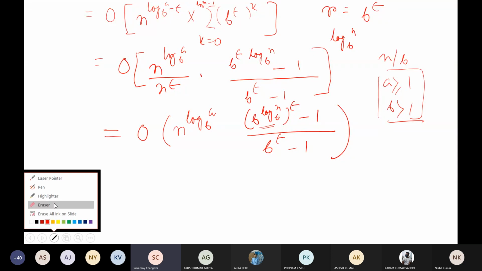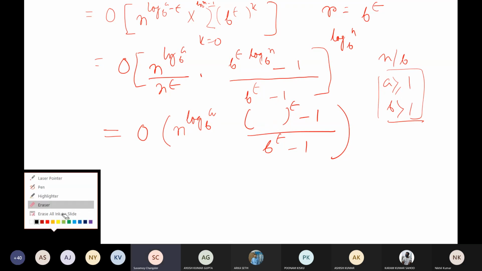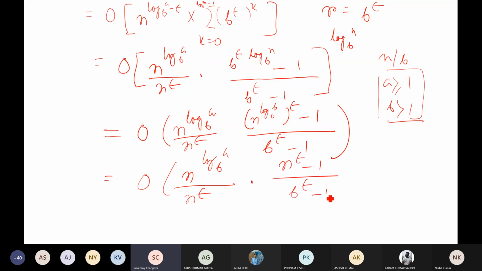So we are replacing this term as n to the power log b base b, same as this, by the property of logarithm. Now this is equal to 1, so we will get n to the power epsilon. So in the next term, what can we write? We can write this equal to n to the power log a base b by n to the power minus epsilon is equal to n to the power epsilon minus 1 by b to the power epsilon minus 1.